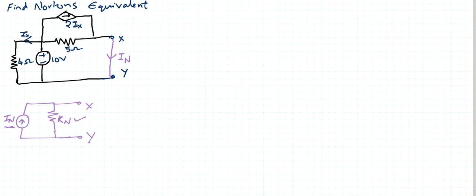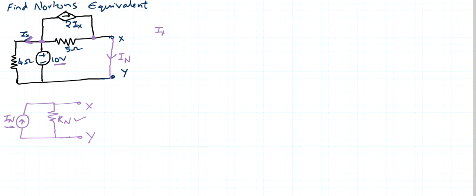If we see the circuit, here 10 volts is applied, and we can see the current Ix is flowing. Suppose we want to know the current In, so I am writing the equation.